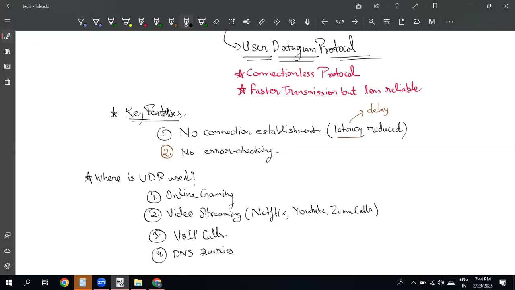So now we are done with the theoretical explanation of TCP and UDP. Now we'll understand how these applications are identified within the transport layer. Once your data comes down in the form of segments at the transport layer, you'll be able to identify two different segments: TCP segment and UDP segment.